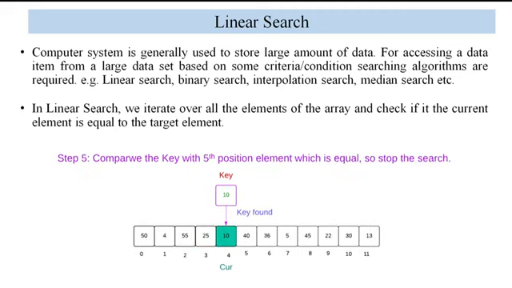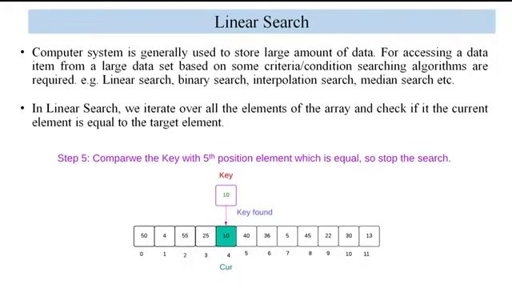We continue till we reach the location where the key matches the element to be searched. Now we can display a successful message that this particular key is present at this particular location in the list of elements. That is how linear search works.